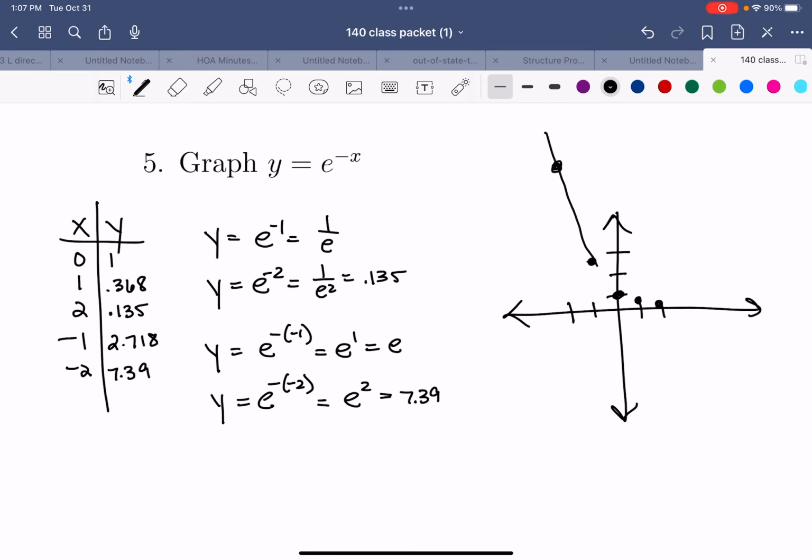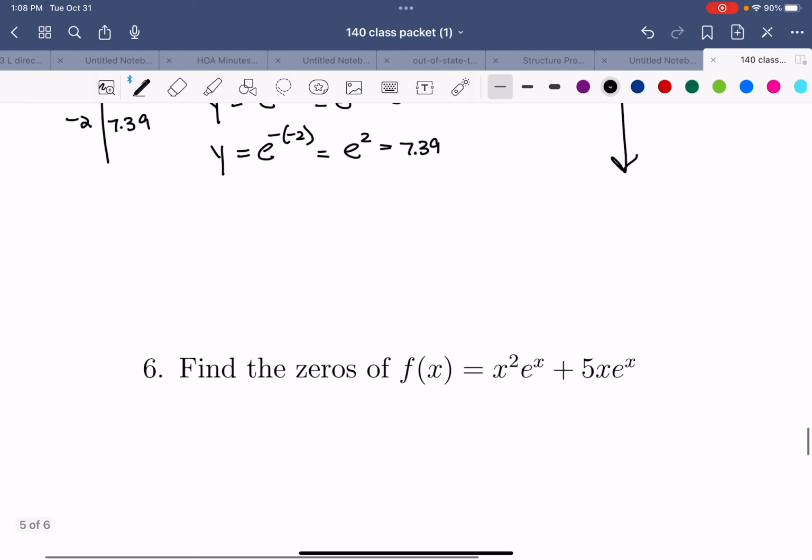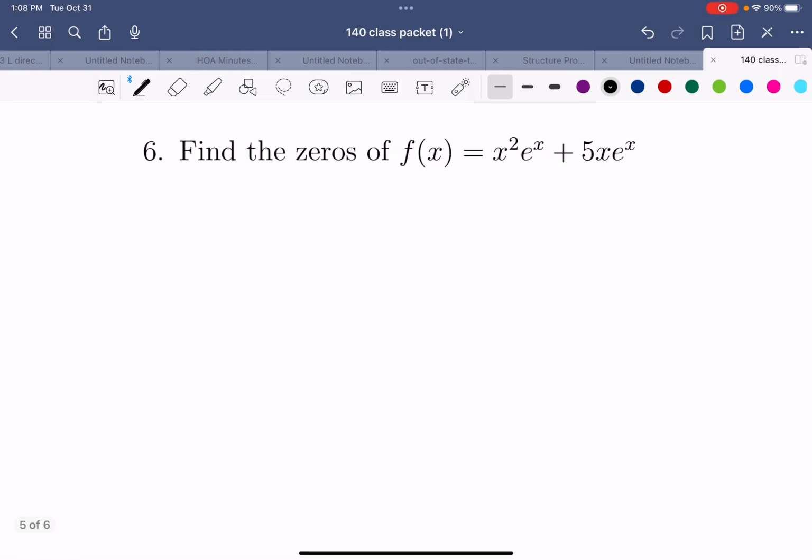So it's going to look like this. Now notice, oops, let's see if I can do that again better. Notice that this one goes down from left to right, just like it did when our a was less than 1.